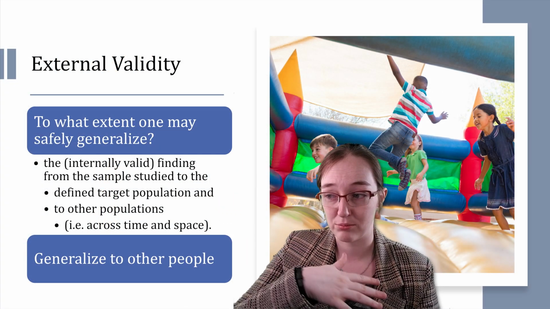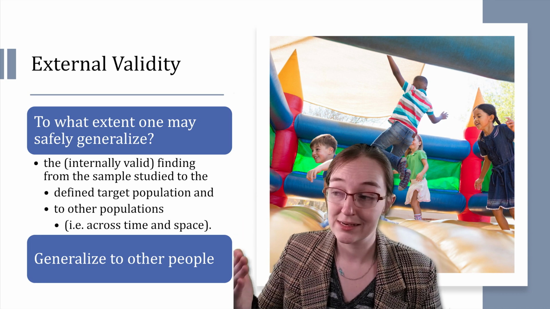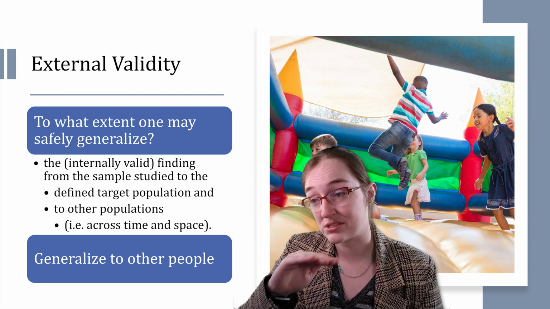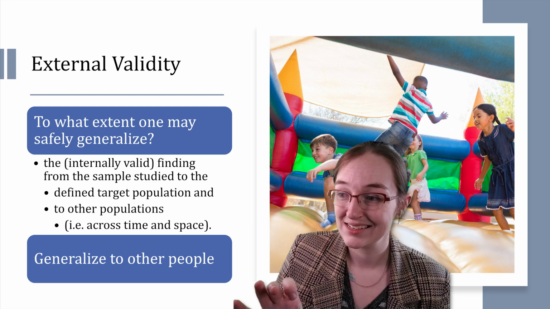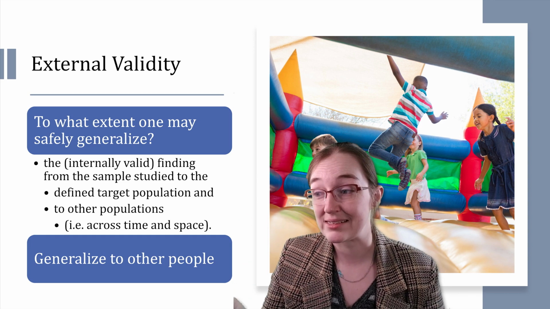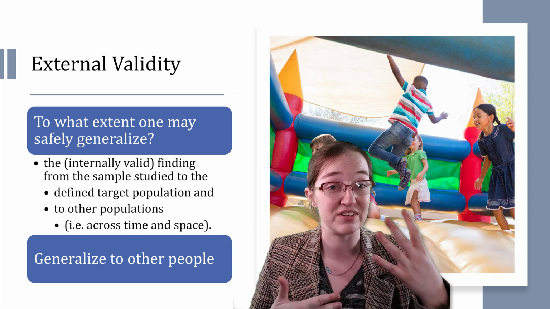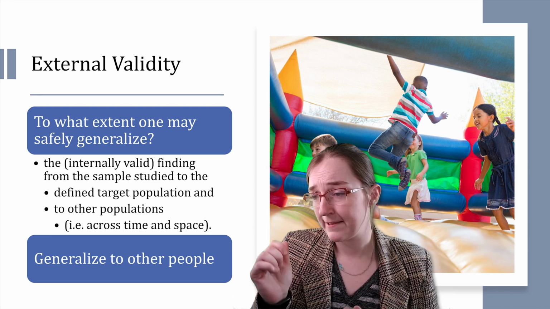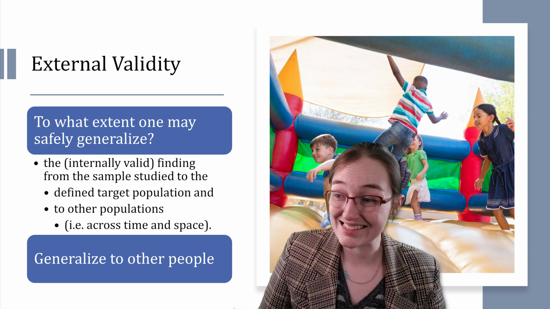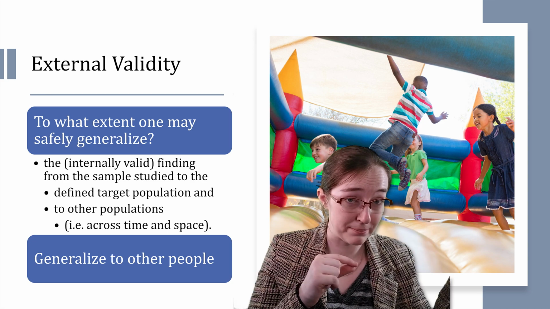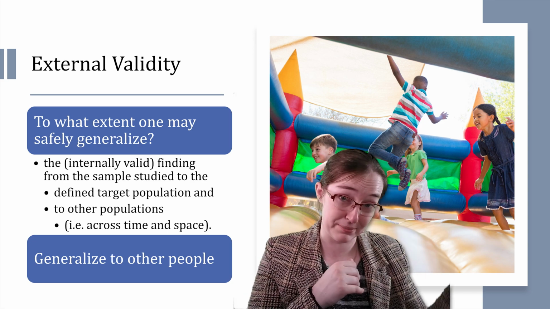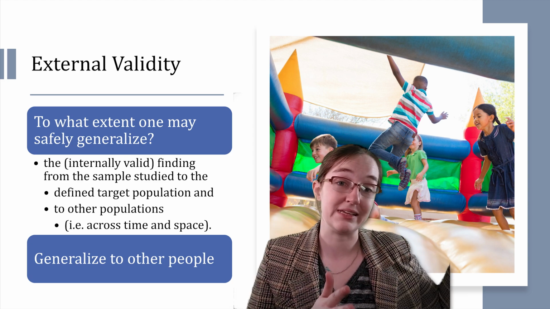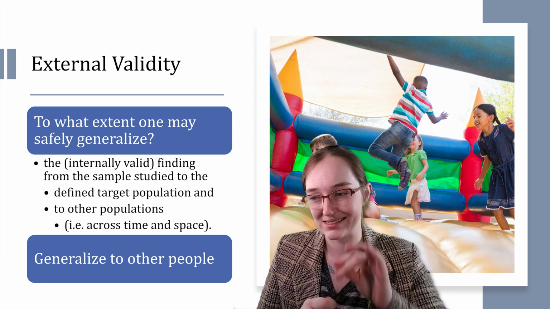When you're looking at multiple studies or broader trends, you're looking at a different question. You're looking at external validity, which is closer to: to what extent can you safely generalize the internally valid findings of specific studies to other groups? More specifically, from the sample being studied to the target population, so going from your sample to your population, as well as moving from your population to other populations that you didn't initially intend to study.